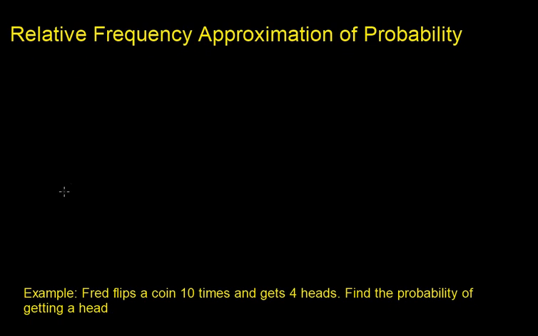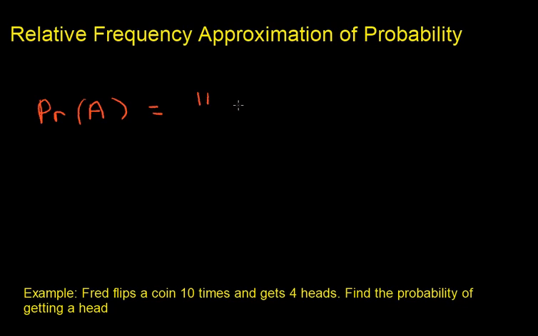Basically what this rule says is that if we were trying to calculate the probability of, say, the event A, then we can see how many times A occurs, and then divide that by the number of times the procedure was repeated.